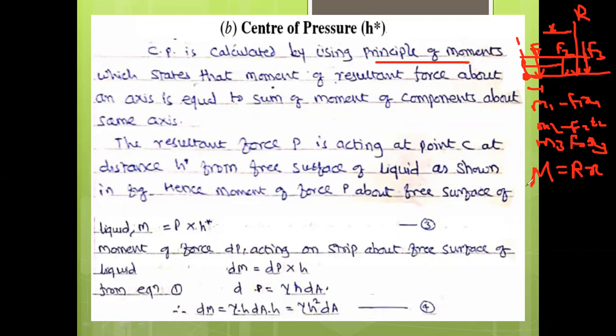According to this principle, this moment M of the resultant about this point will be the summation of these three moments, that is M1 plus M2 plus M3. So we have to use this principle for finding the center of pressure.